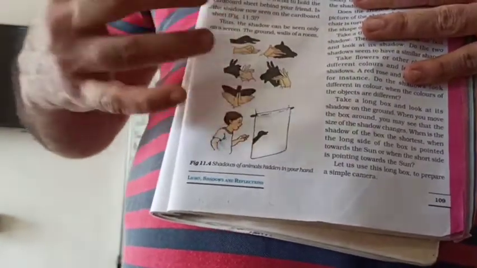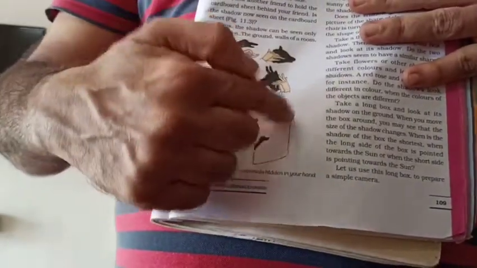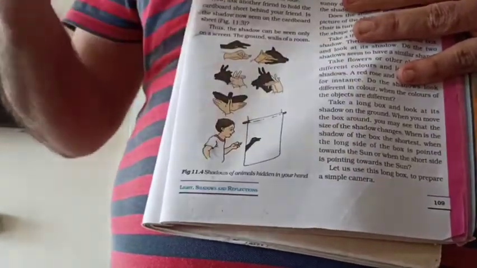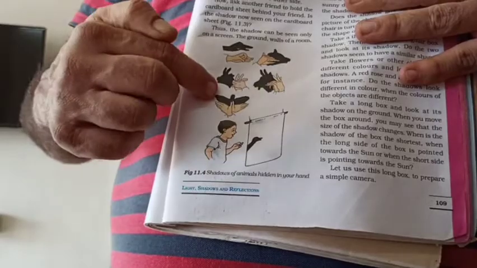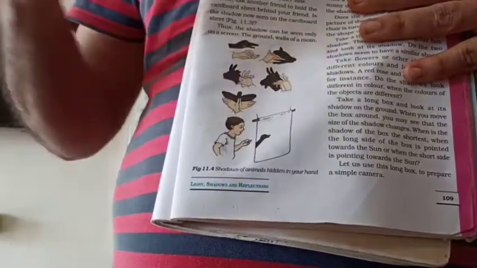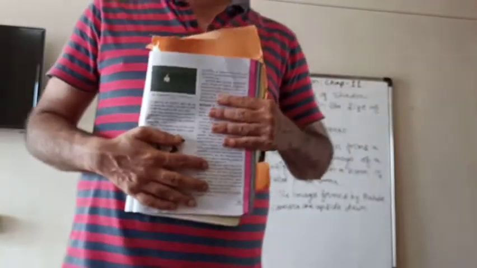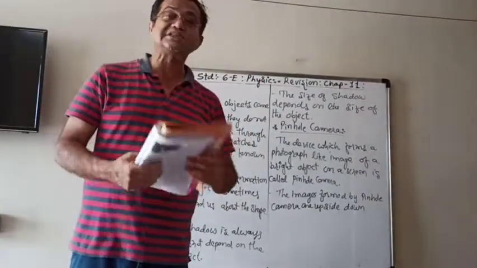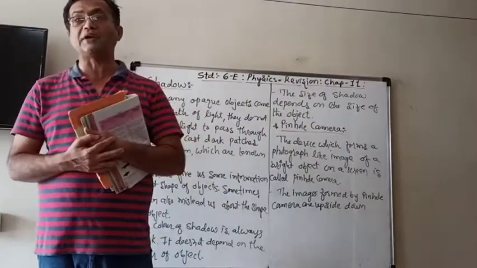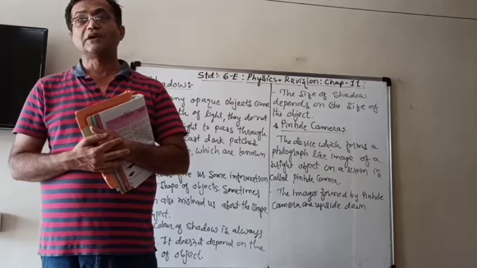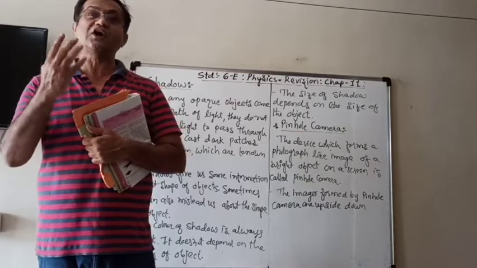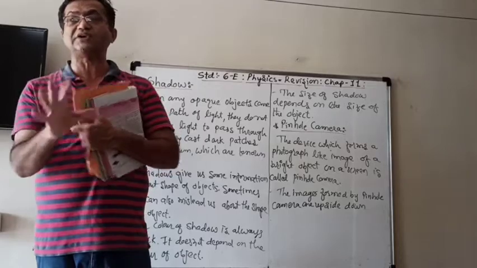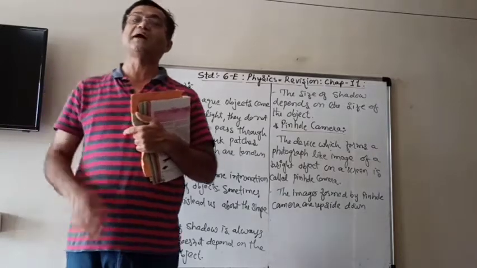And then on the screen, you can make an object like a camel or a bird or other animals. So when you look at the shadow, it looks like a particular animal. And you won't believe that it is not the animal, but actually it is because of the hands.